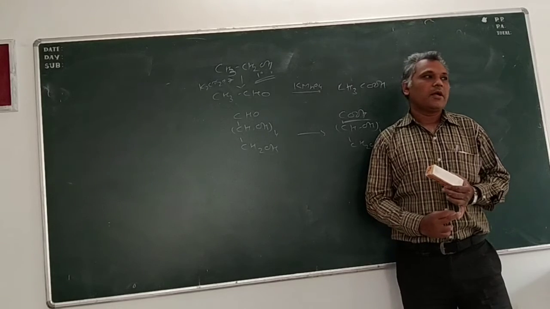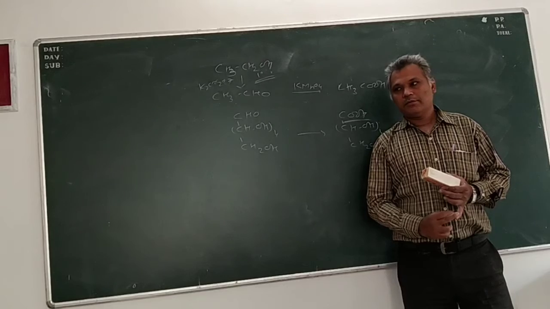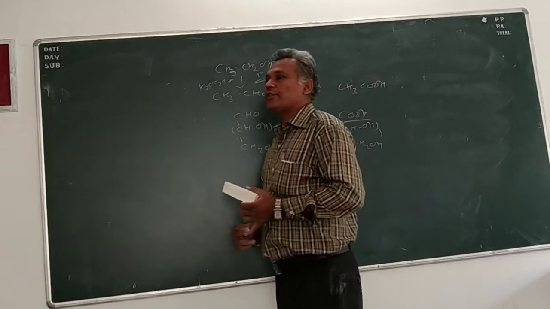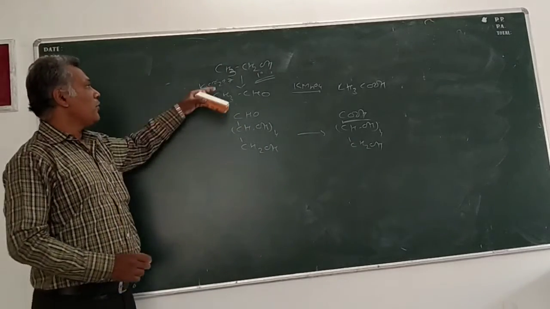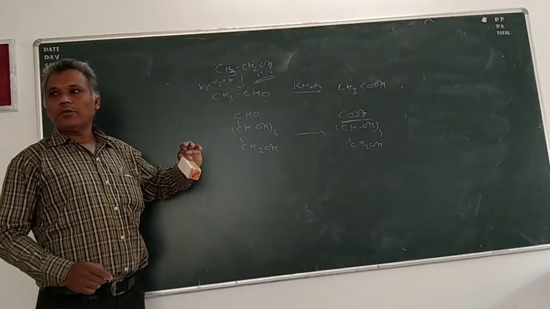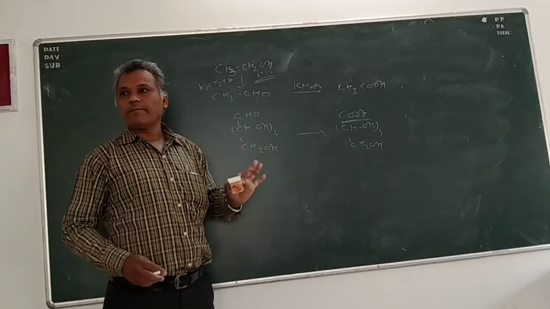PCC, that is pyridinium chlorochromate. Okay, or with K2Cr2O7 or Na2Cr2O7, any dichromate, it will convert primary alcohol into aldehyde. Okay, and aldehyde will convert itself into acids.